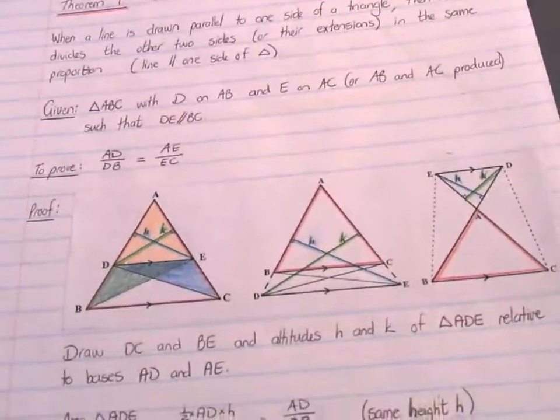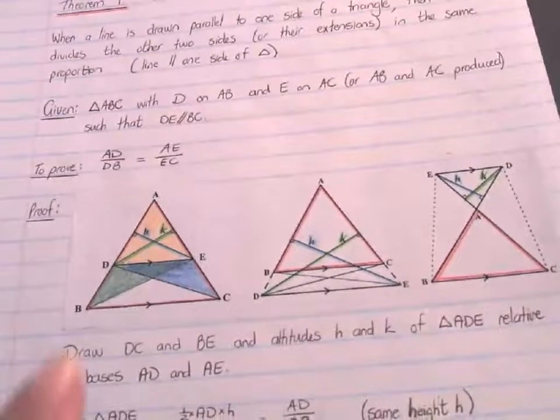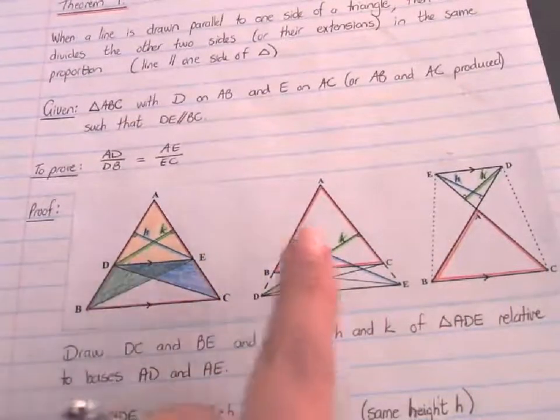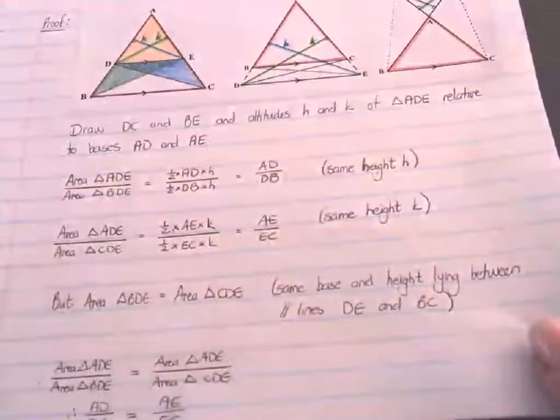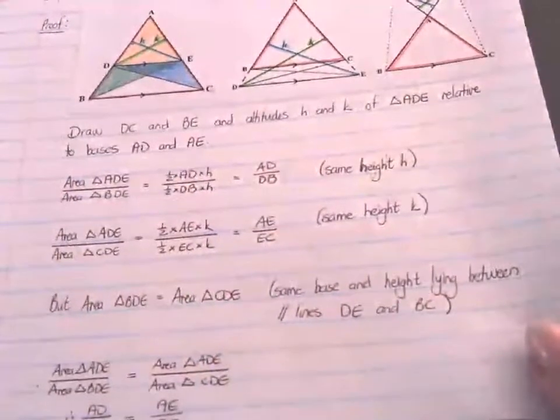You need to know the proof. You have to know how to draw the triangles, either this one, or this one. And you need to know how to prove these proportions.